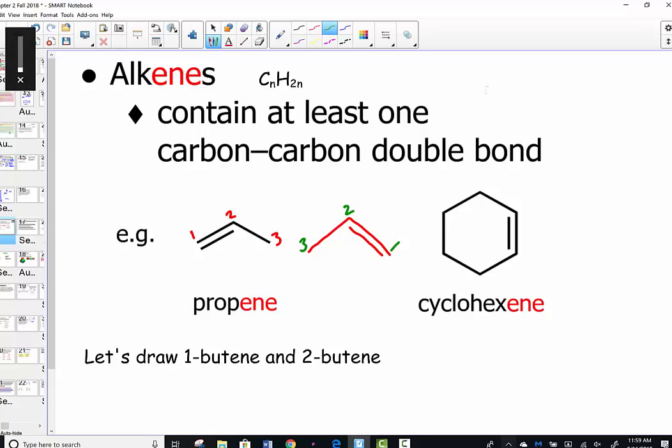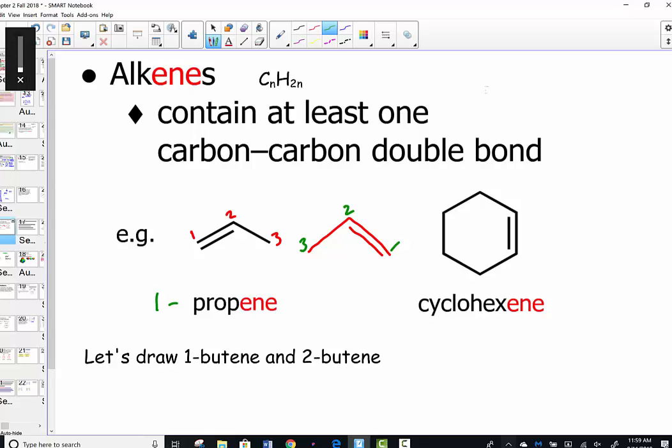So I do not need to tell you the origin of the double bond in propene. I do not need to say 1-propene because you know there's only one position in 3 carbons. There's only one place to put it, and that's at carbon 1. I only have one choice.